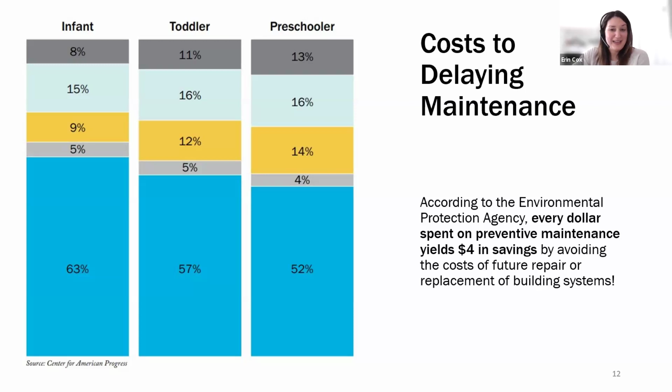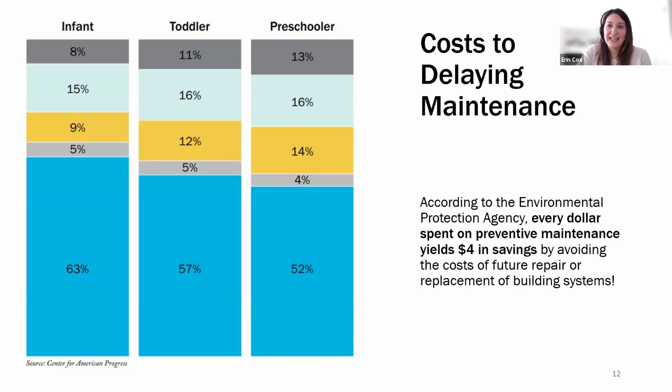But according to the EPA, every dollar that is spent early on preventative maintenance yields about $4 in savings, which avoids the cost of future repair or replacement of systems. We do hope to present some strategies and priorities to you throughout this conversation so that you can plan ahead and help you realize any long-term goals that you might have for maintaining or improving your space.